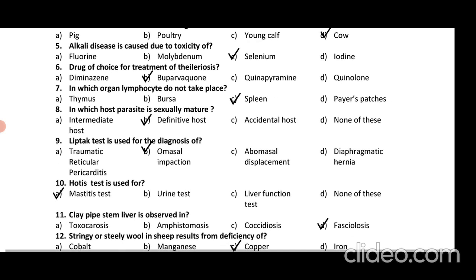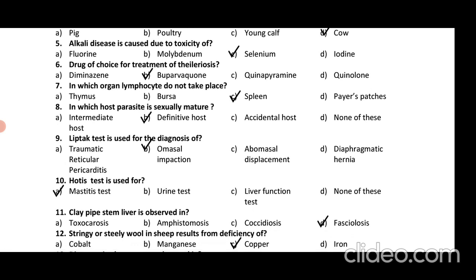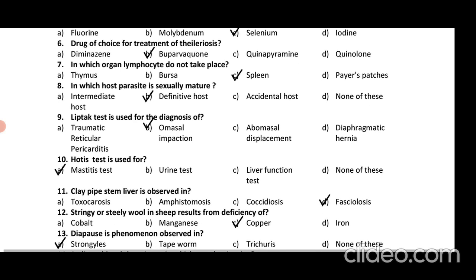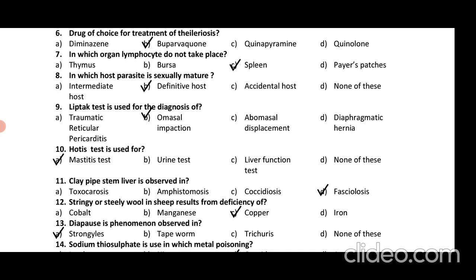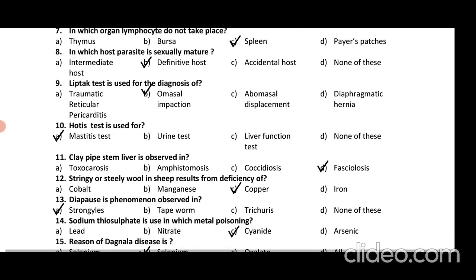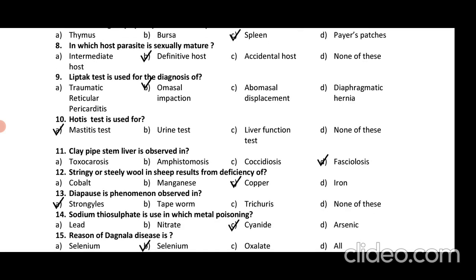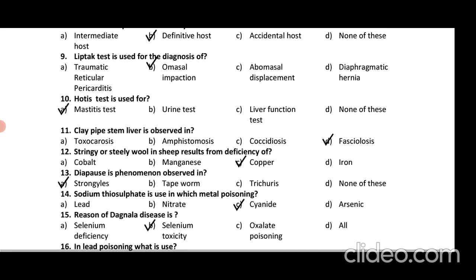Clay pipe stem liver is observed in fascioliasis. Steely wool in shape results due to deficiency of copper. Diapause is a phenomenon observed in strongyles. Sodium thiosulfate is used in cyanide poisoning. The reason for Wegener disease is selenium toxicity.